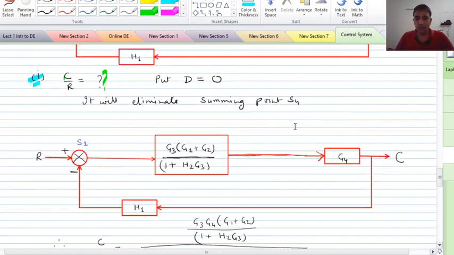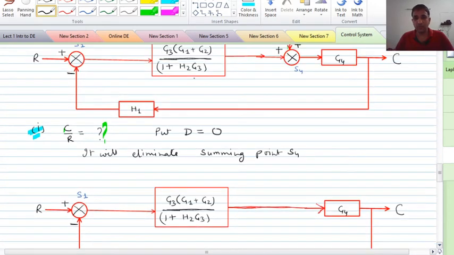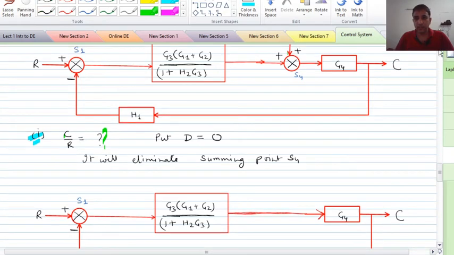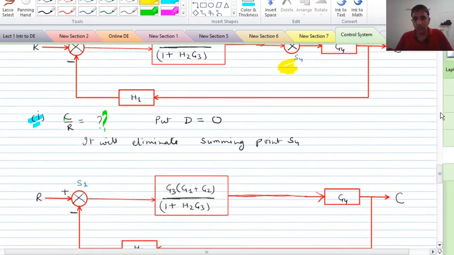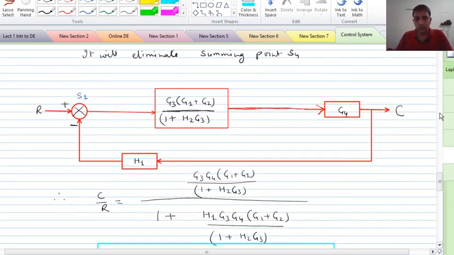Now when we put d equals 0, you can see from the above part that this summing box is eliminated from the block diagram, and these two blocks come in series. Okay.